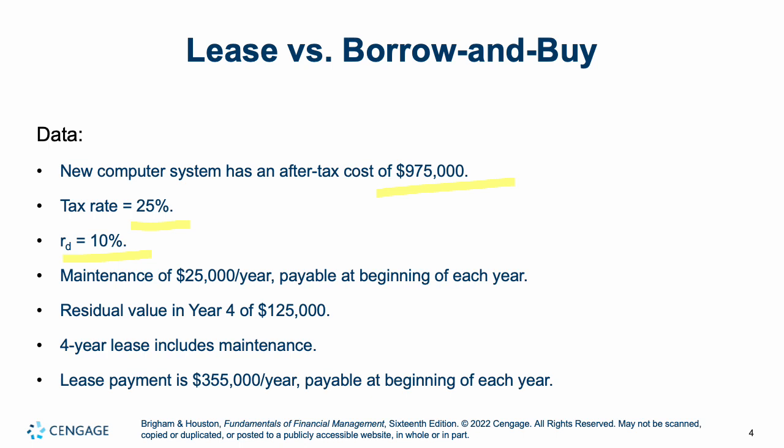We have to spend $25,000 a year, beginning of each year, for maintenance, and we have a residual value in year 4 of $125,000. So that's if we choose to buy this computer system. After the 4 years we need it, we can scrap it and sell it for $125,000. If we lease, maintenance is included, and we just have a straight lease payment of $355,000 a year, payable beginning of each year.